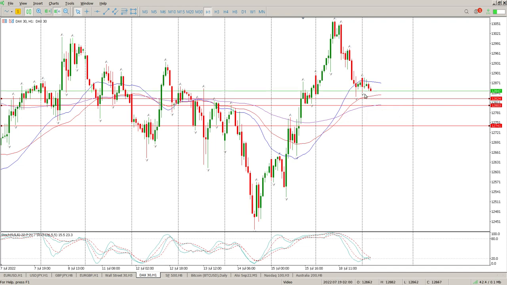I'm looking for price to come back into this area. Then I'm looking for support. If we can find support here, I'd be looking for a move to the upside. If this fails, then you've probably got a short scalp down to close the gap. And then you need to start reevaluating and seeing what's going on.